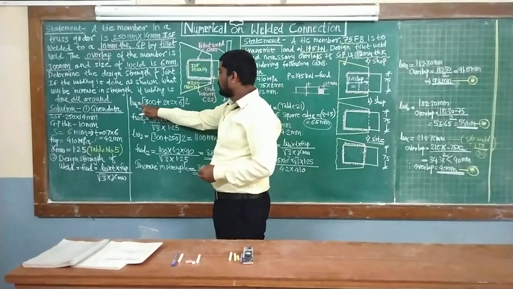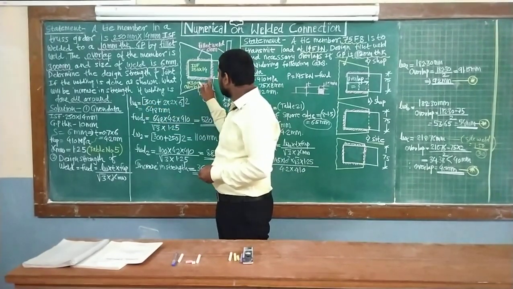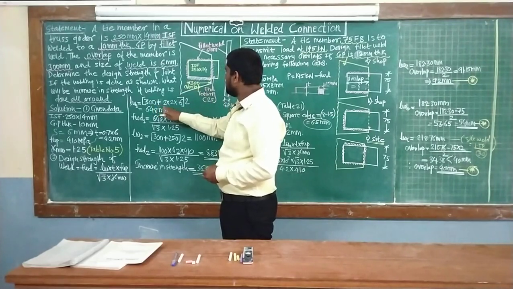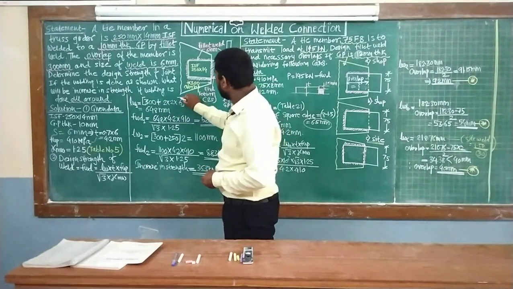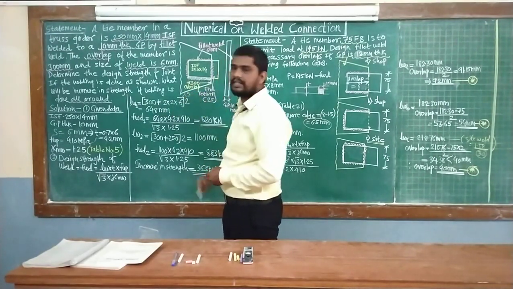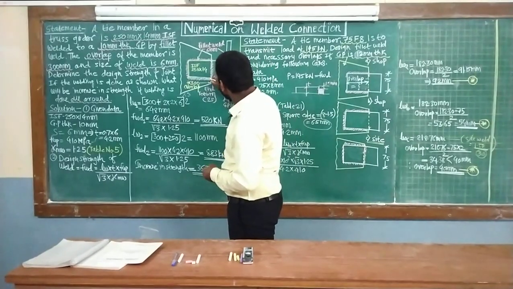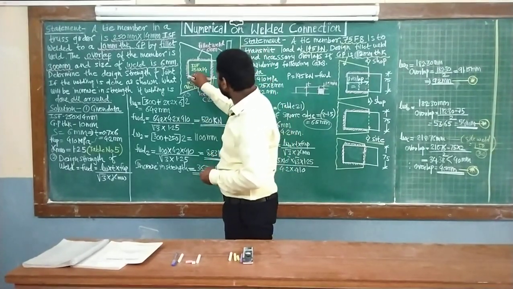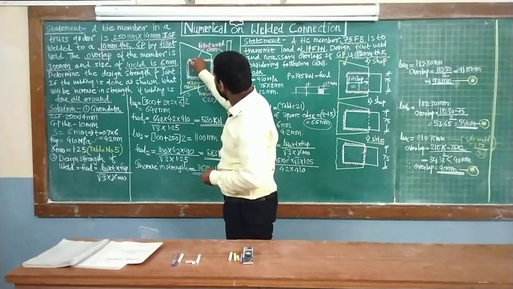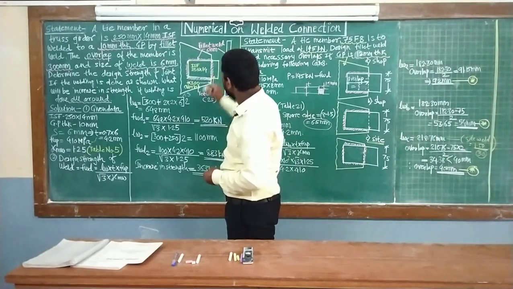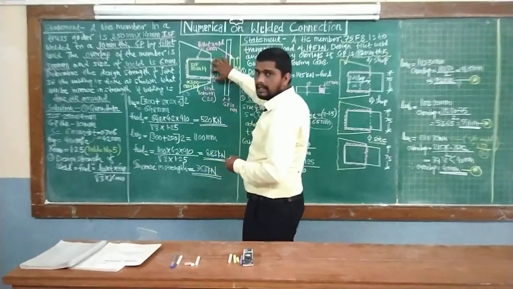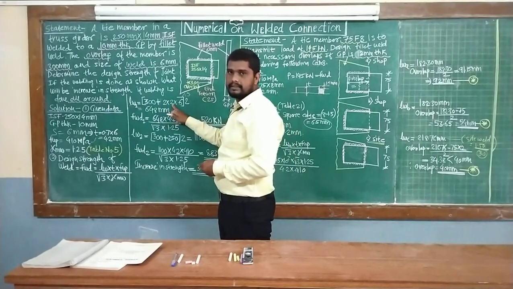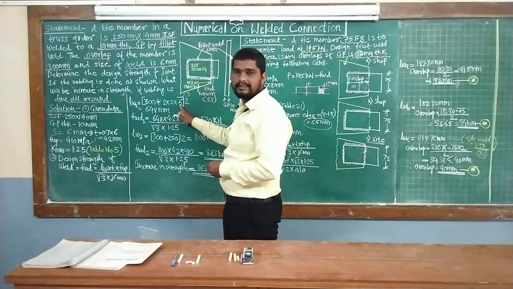Then the total length of weld is calculated as 300 plus 2 into 2 into 6, where 6 is the size of the weld, as we can provide end returns. So end returns on both sides, 2 on one side and 2 on another side. So there will be 4 end returns into the size of the weld, that is 6 mm.